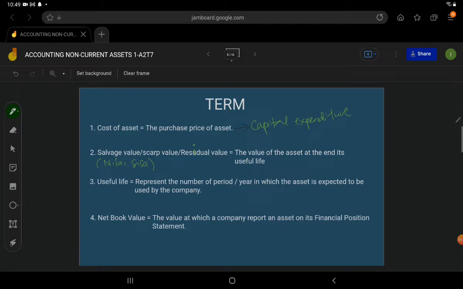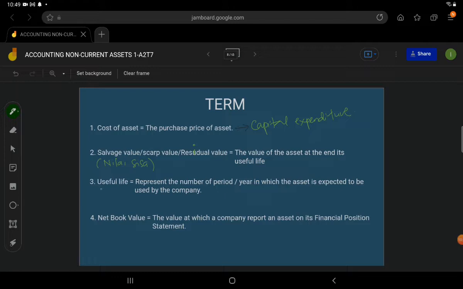Maksudnya di sini fixed asset yang kita beli tadi, pada akhir usia guna dia, kita nilaikan dia. Ya, for example, kita beli vehicle, kos belian dia RM50,000, and then pada akhir usia guna dia, perniagaan nilaikan aset tu hanya tinggal RM3,000. Okay, that is salvage value, the value of the asset at the end of its useful life.